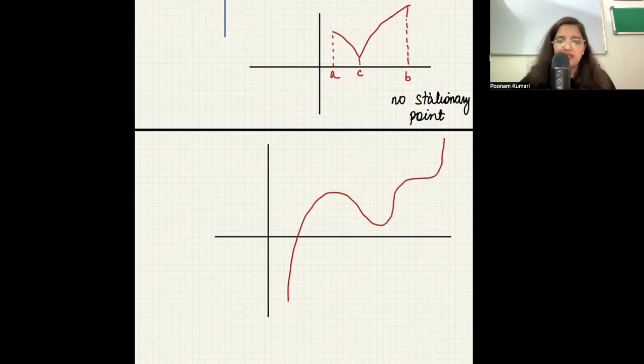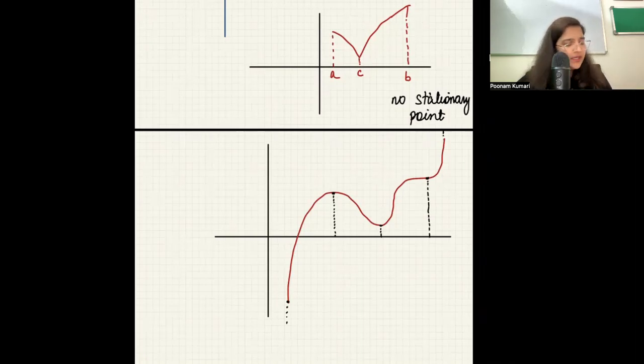Let's say I have a situation like this. If we ask how many stationary points there are, and let's say your function is not defined only in the interval a to b, but is just taking values beyond this and beyond this.